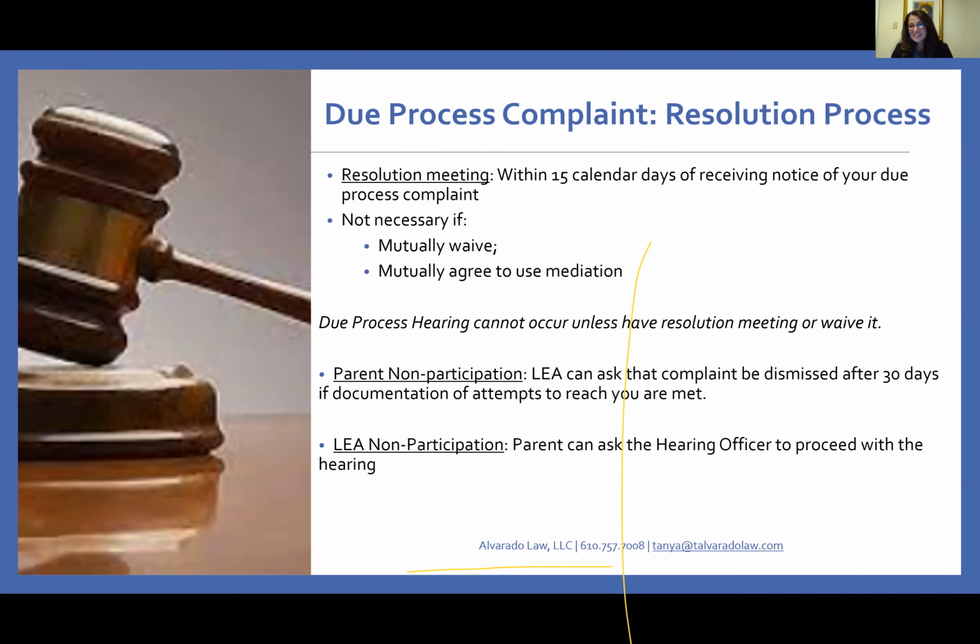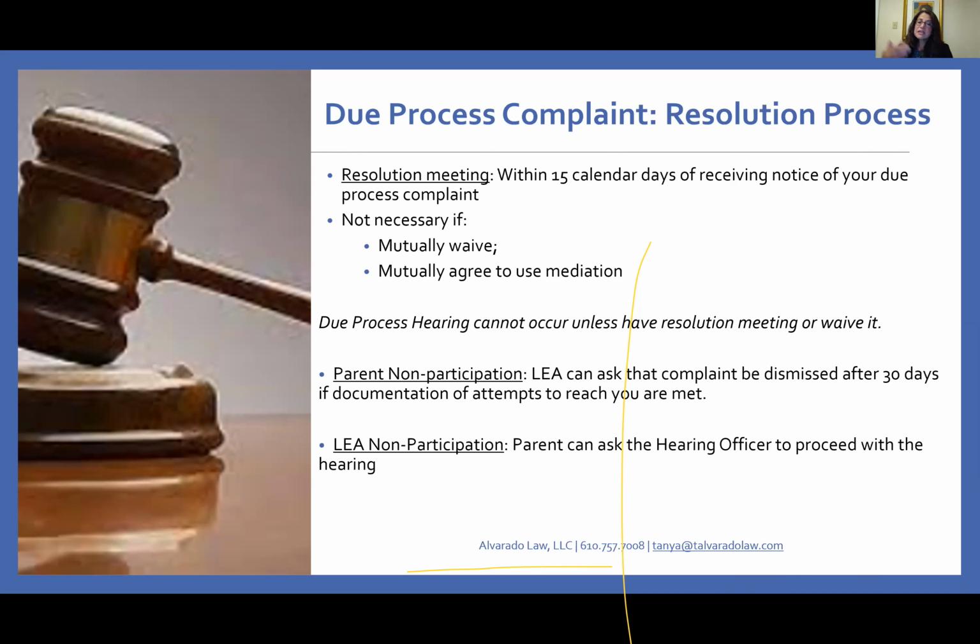You have to have it. If both sides say, we can meet, but we're not going to resolve this, you can waive the resolution meeting. So both sides can waive it, but both sides don't have to agree to have it. It's not like mediation. At mediation, both sides have to agree to do it. It's voluntary. The resolution meeting is not voluntary unless both sides say, nah, we don't want it. It's not gonna help.